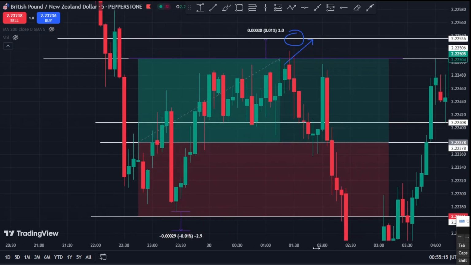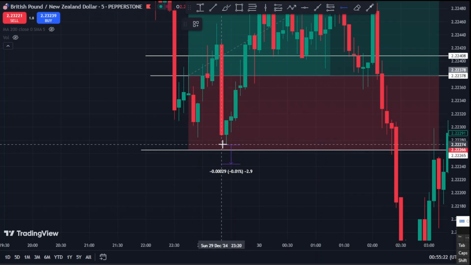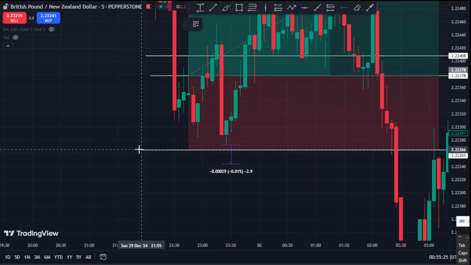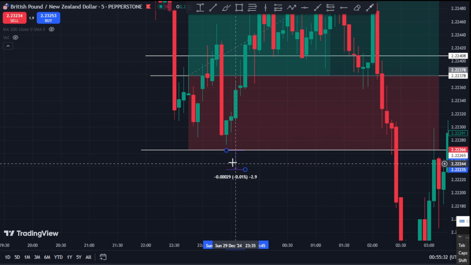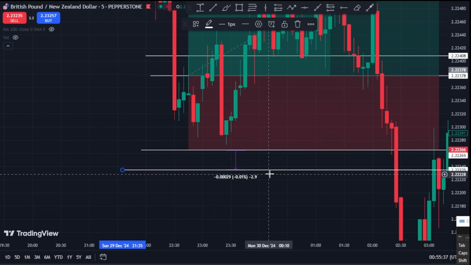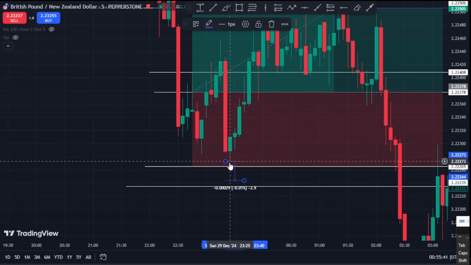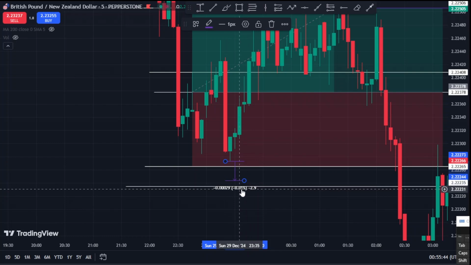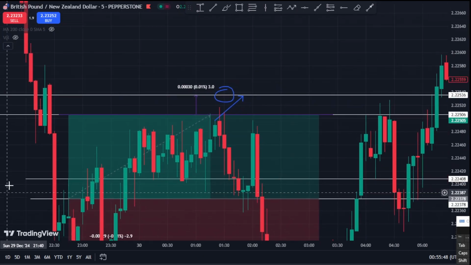And for you to not be stopped out, your stop loss should have been, if this is your stop, if you measure 3 pips down, right there, so that when your price came down together with your spread, it did not touch it, and then you would have had that push to the upside.